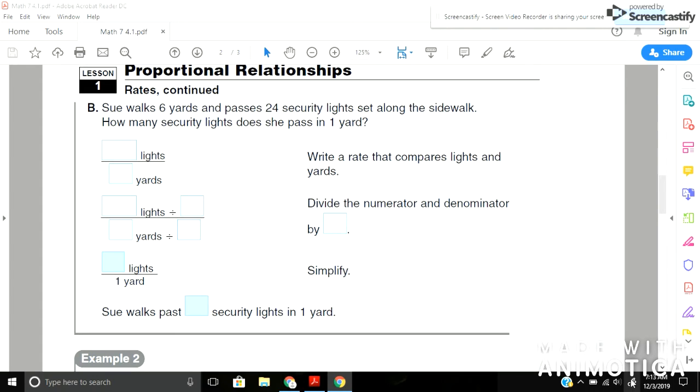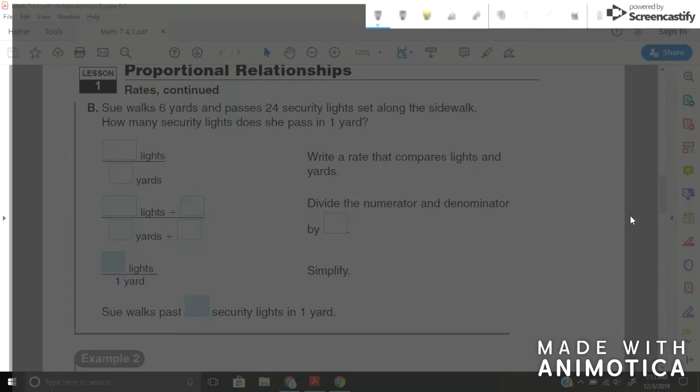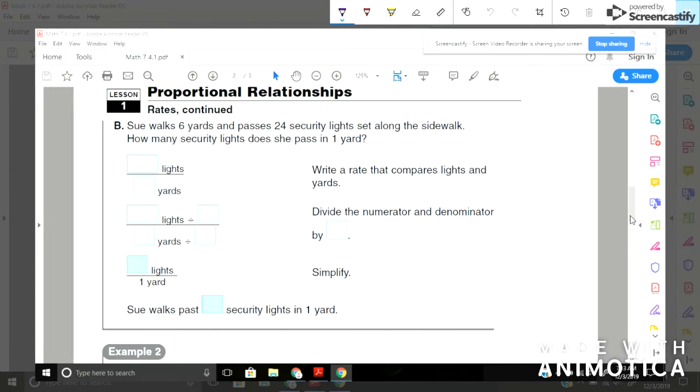Well, similar to before, we're just going to write in the information that we need to know. In the end, it wants us to figure out per 1 yard. So 6 yards, put that in here, and 24 security lights.